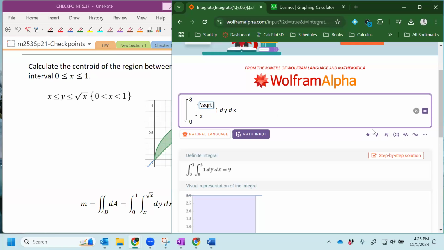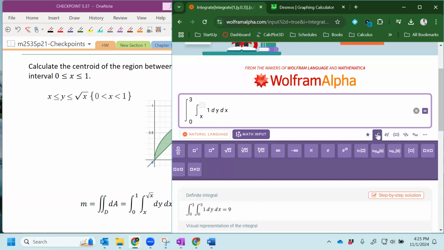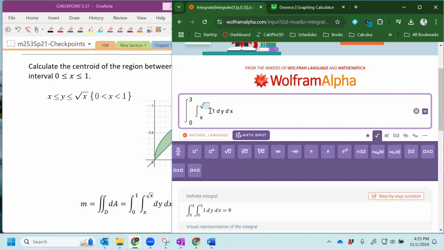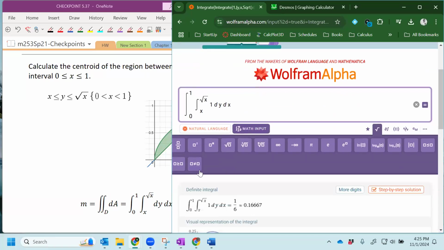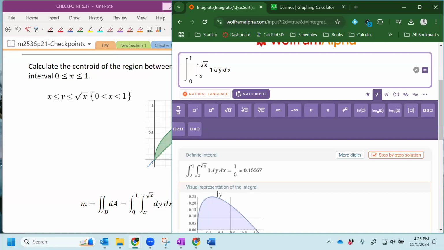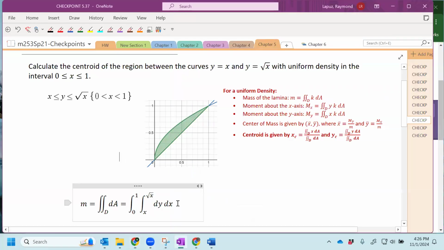Our y goes from x to the square root of x, and our x goes from 0 to 1. So here is our mass. It's going to be 1/6. Now that we have our mass equal to 1/6, let's figure out our Mx and My.